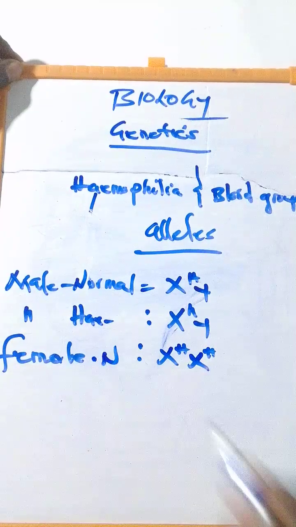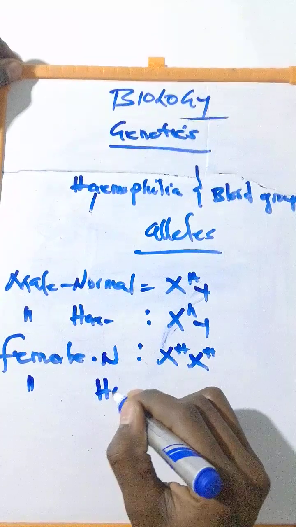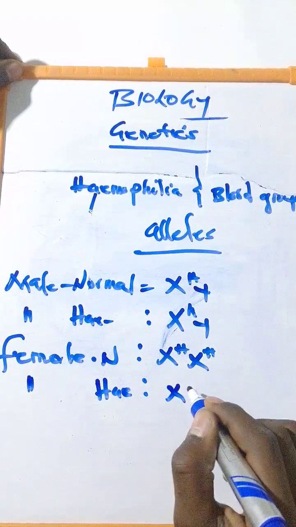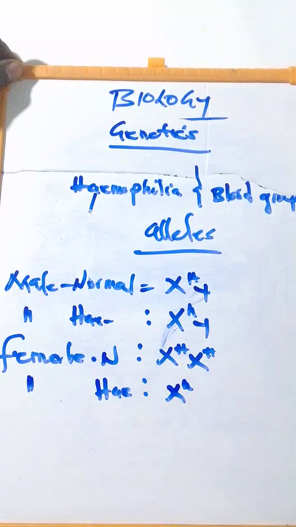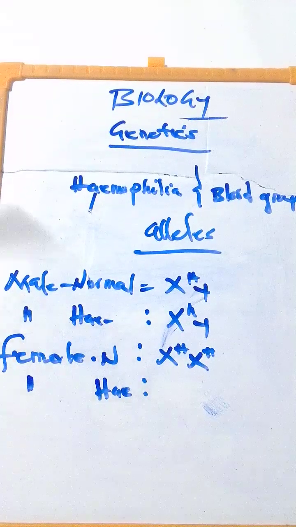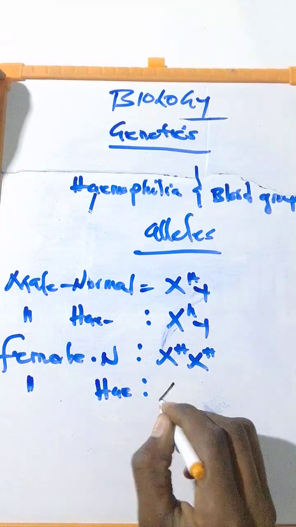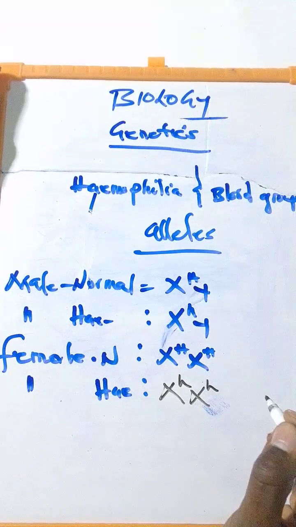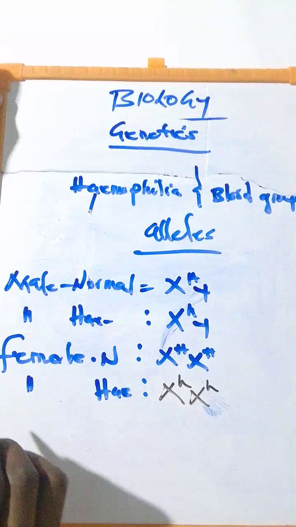Then a female who is hemophilic will have X small letter h and X small letter h. This female is hemophilic.